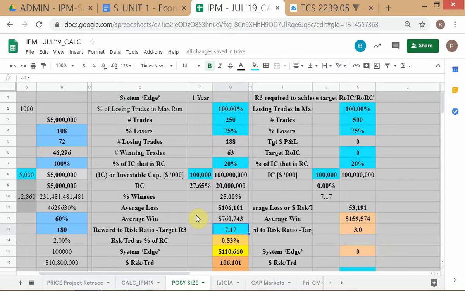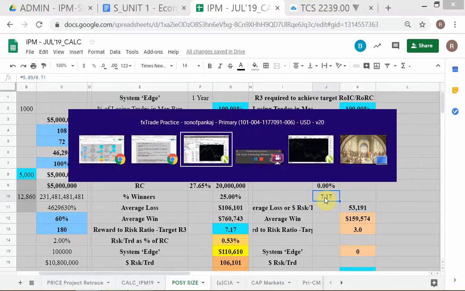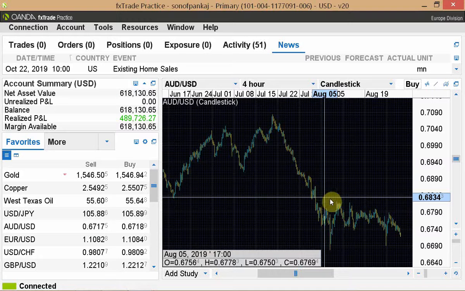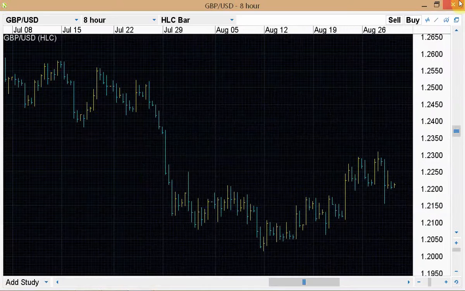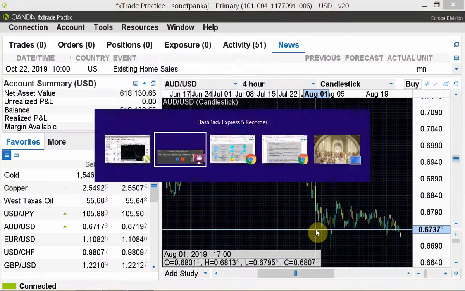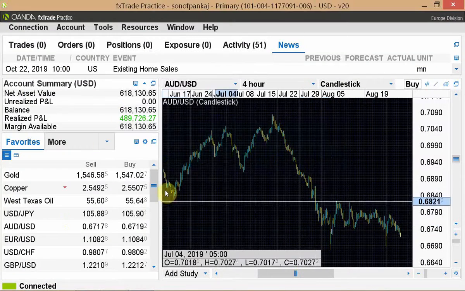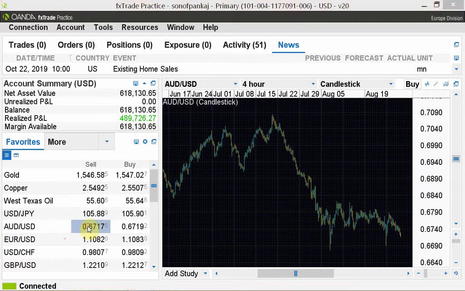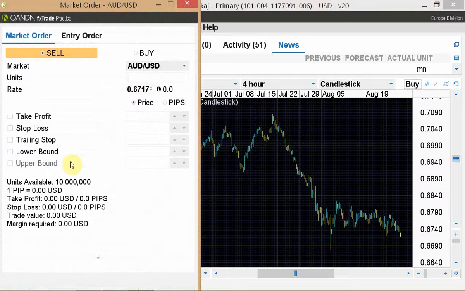So now based on the R3 and the average loss, can we figure out the average win? Where did R3 come from? We just did this Aussie trade, where we were going short Aussie. It's around here now. Then stop loss, take profit.